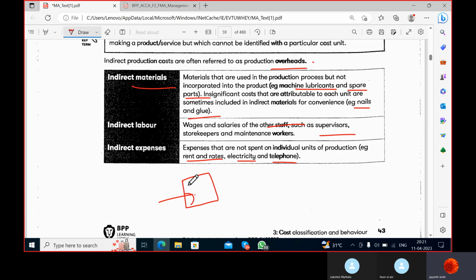But electricity used for machinery, because we are not using this for conversion of raw metal into finished products.